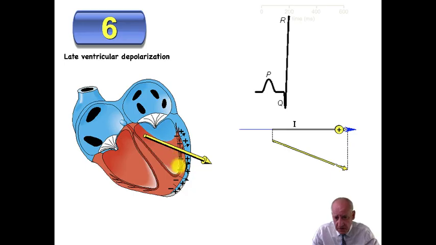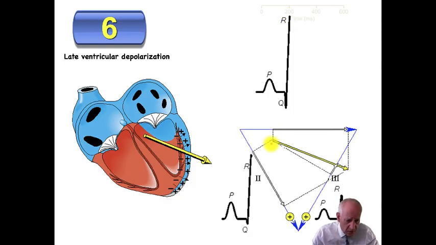Next, depolarization continues to spread, involving the entire right ventricle. The last portion of the ventricles to depolarize is the superior left ventricle. Notice that the excitation spreads from the endocardium to the epicardium. And the resulting vector is large and pointed to the left hip, producing the final phase of the R wave.